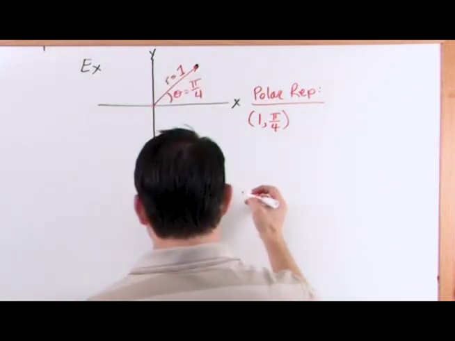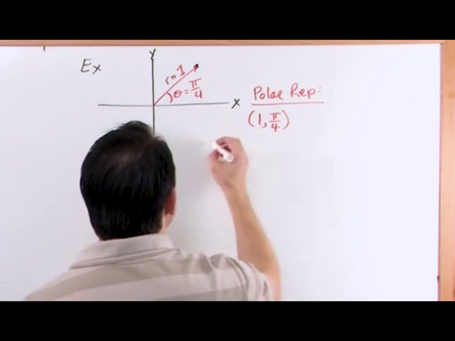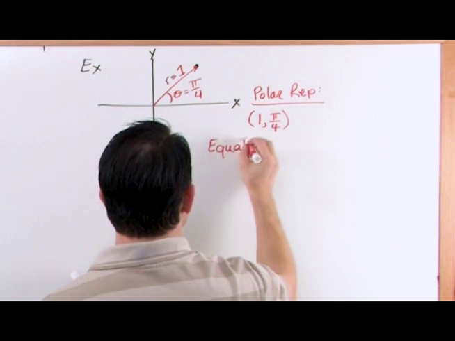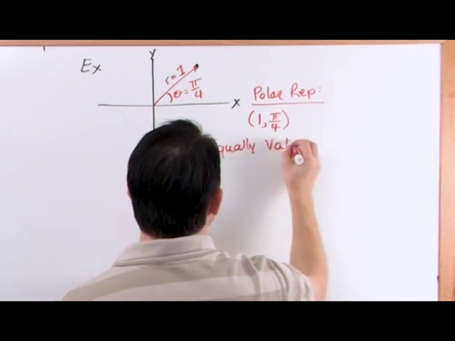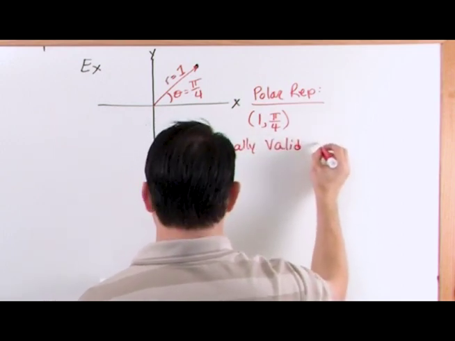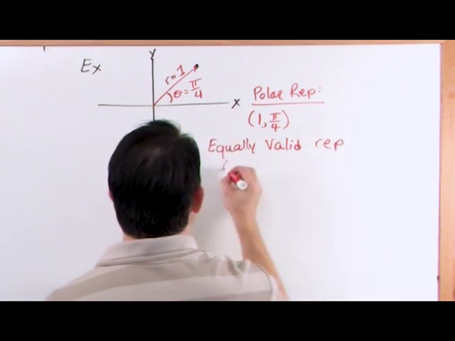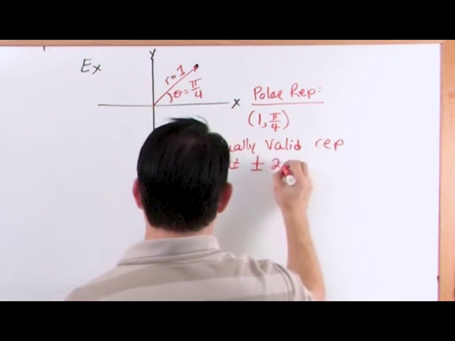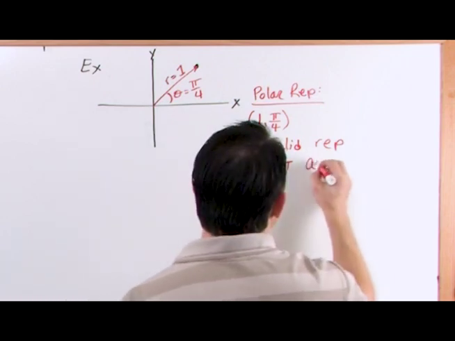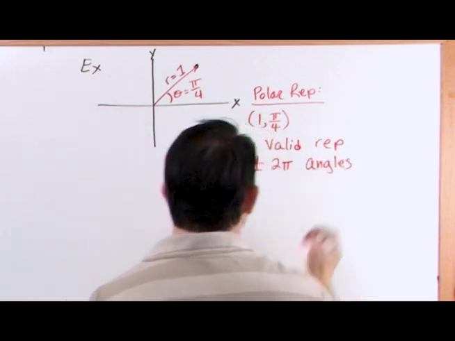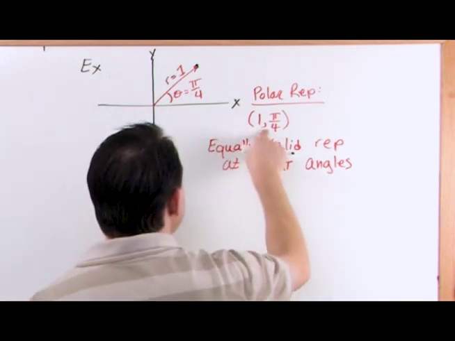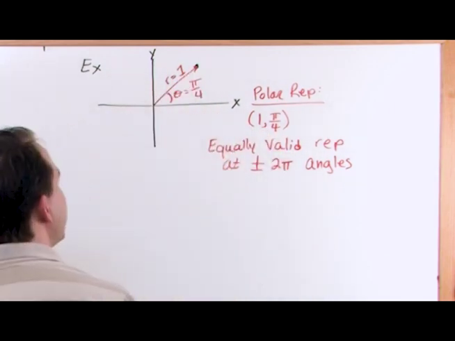What I'm trying to say is that this representation is equally valid at plus or minus 2 pi angles. Now, what do I mean by that? Let me switch colors and show you. This is the polar representation of this point that we already talked about.